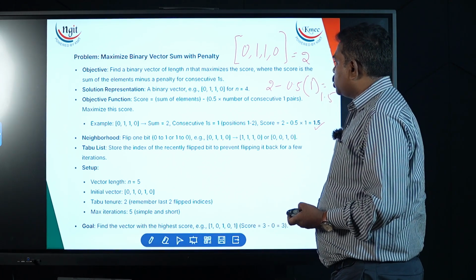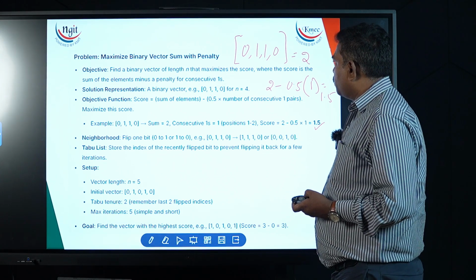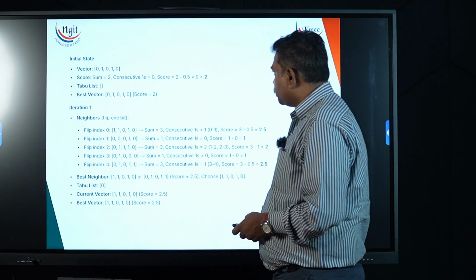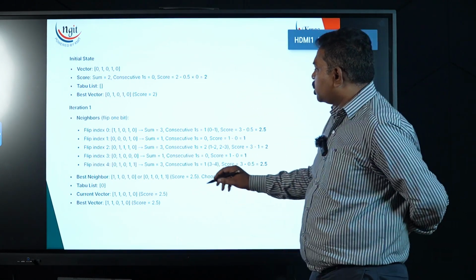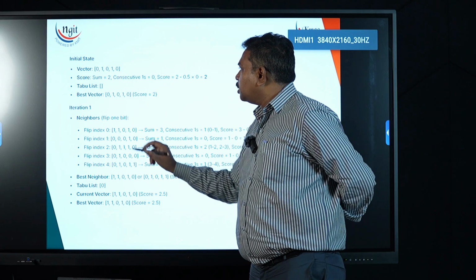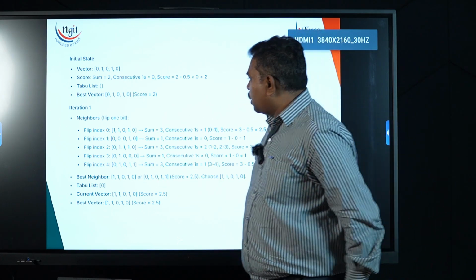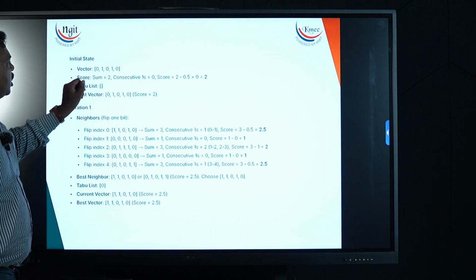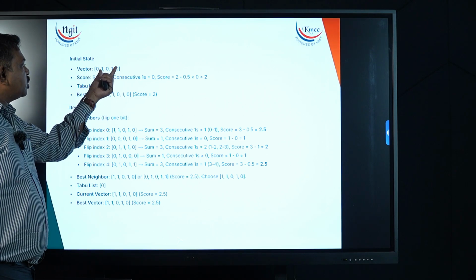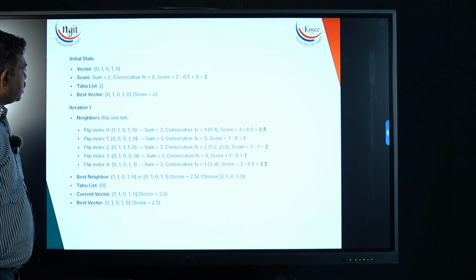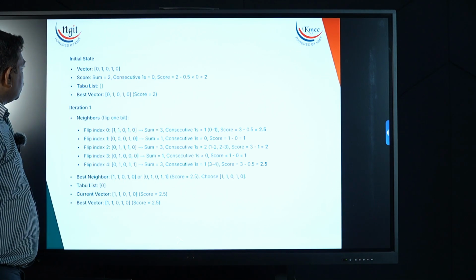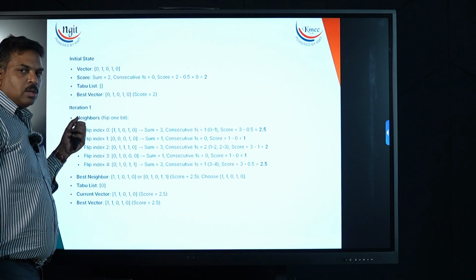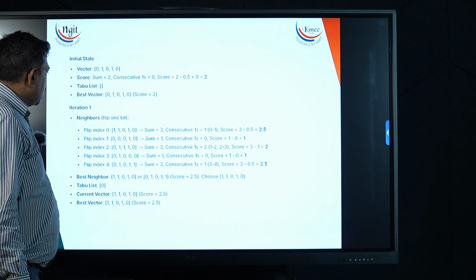If I apply a tabu search list, the initial state is 1 0 1 1, that is the initial sequence; I have taken 5 items, 0 1 0 1 0 1, whose sum equals 3. As there are no consecutive ones, the initial score is 2. As a regular local search algorithm, first I have to generate the neighbors.